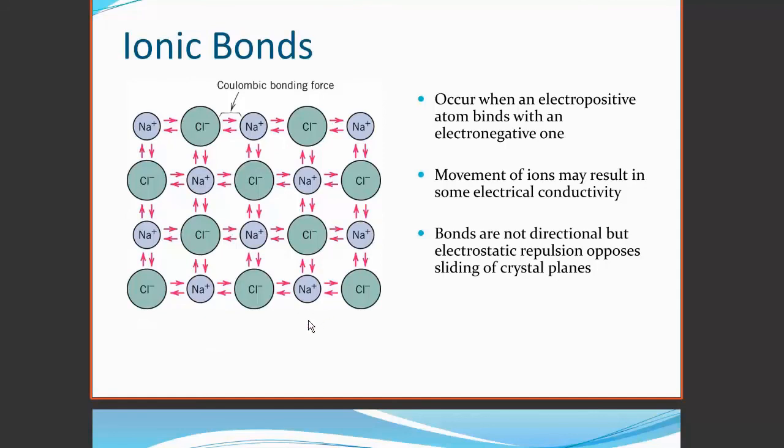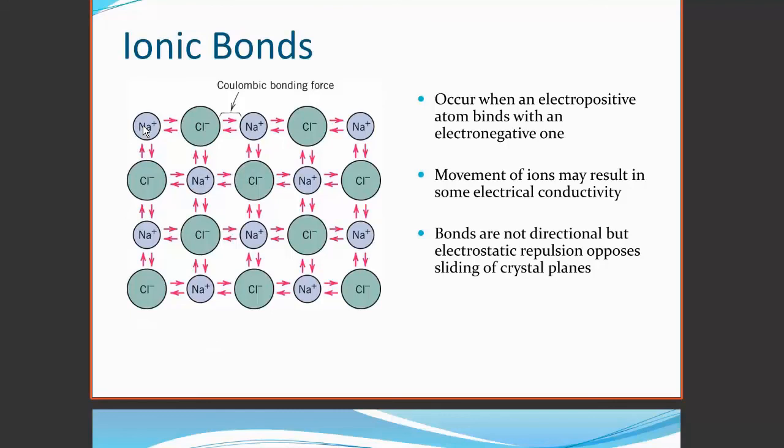Shown here is a schematic representation of sodium chloride. In order for this crystal or this arrangement to be neutral, the number of chlorine atoms, which have a charge of -1, must equal the number of sodium atoms, which have a charge of +1.